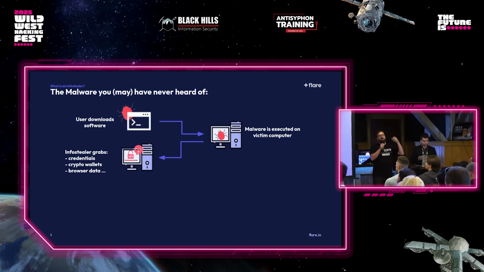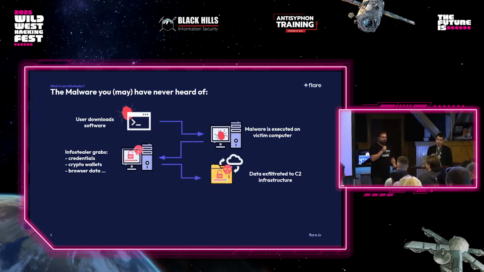Next is the info stealer, and this is in the name, it steals information. It will go in the computer and extract the information that is found valuable for the threat actors. We're talking credentials, of course, information about the device, tons of information that is available there. It will now upload this data into a C2 infrastructure.